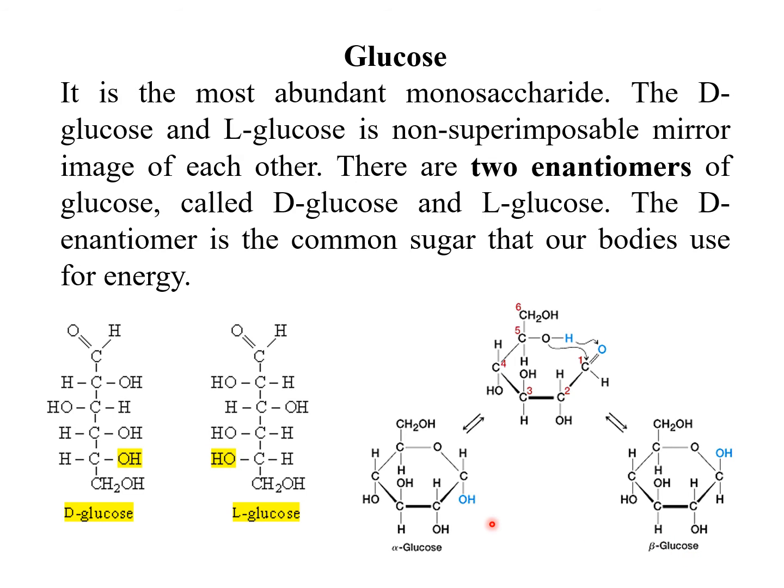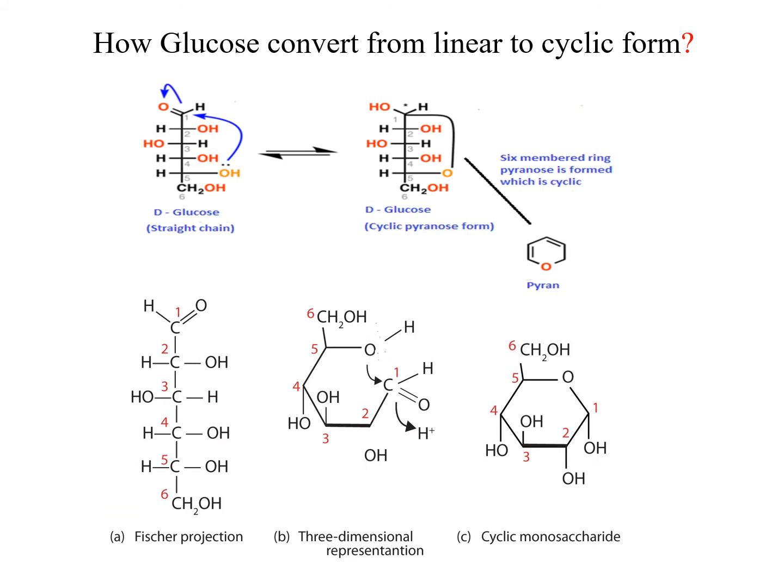So alpha glucose and beta glucose depend on the hydrogen group present at carbon number 1. So at carbon number 1, if hydrogen is present above the plane, it is called alpha glucose. If the hydrogen is present below the plane, it is said to be beta glucose.